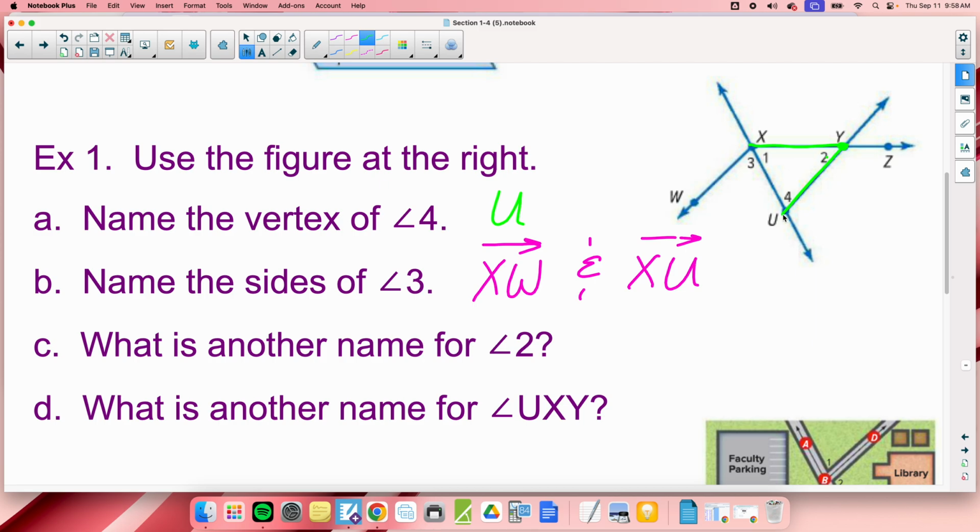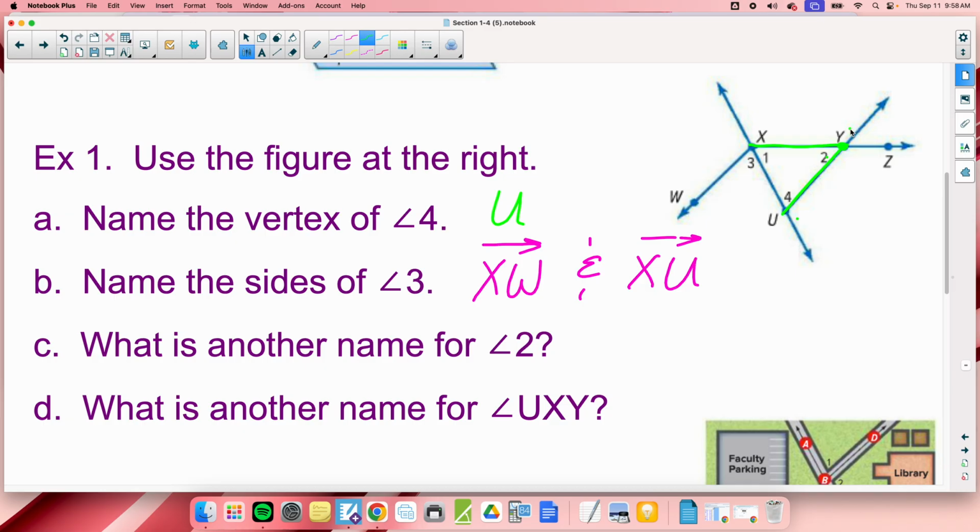First of all, could I name this angle Y? No, because isn't there an angle here that has Y? This has Y as a vertex, this has Y as a vertex, as well as this one does. So there's 4 of them that have that. So I can't say angle Y, so that means I have to use 3 letters.